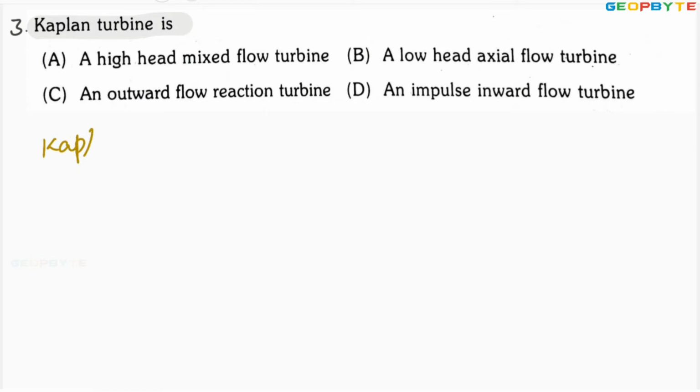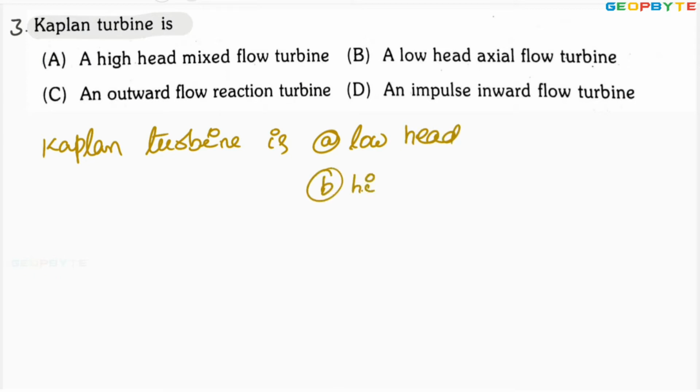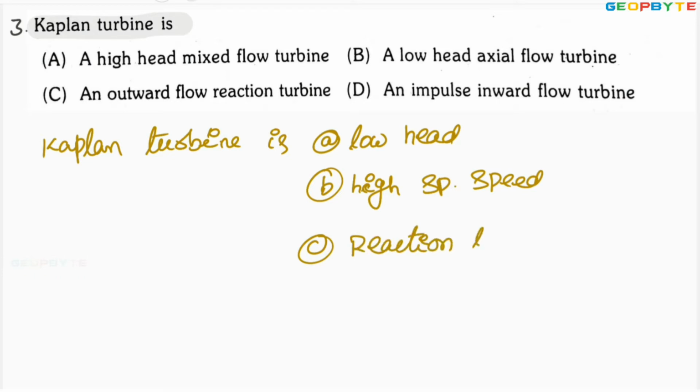Kaplan turbine is, first one, low head; second one, high specific speed; third one, reaction type; fourth one, axial flow turbine.